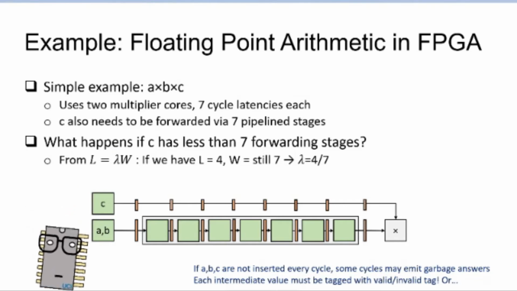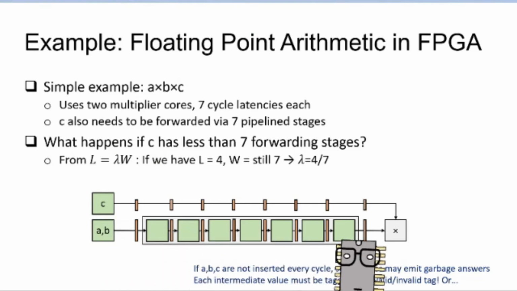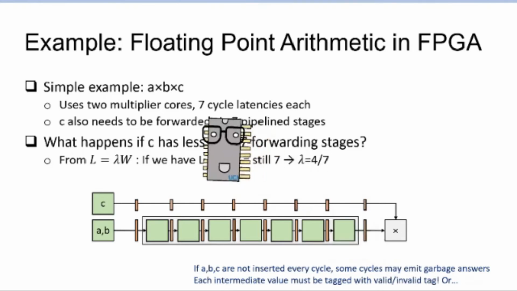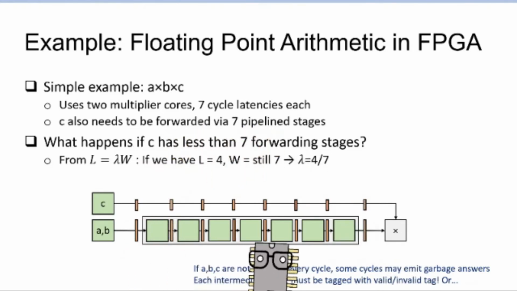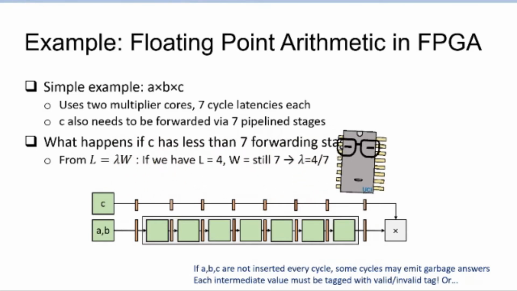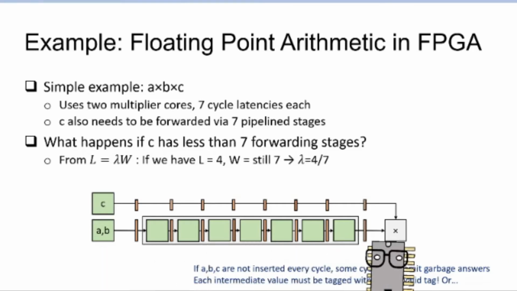Which means if we push multiplication of A and B into the multiplier unit, 7 cycles later, the results of that will come out, which we can actually feed into the next multiplier to multiply that result against C. But because this multiplier is pipelined, we also need to balance the pipeline on the path for C, so that the A, B, C set, the 3 numbers that belong to the same set of requests, can be batched together into this new multiplier.